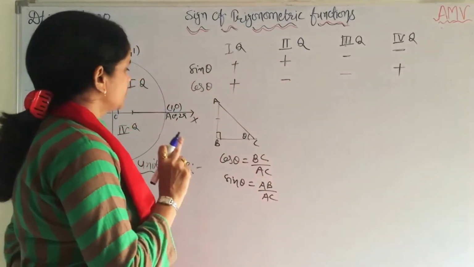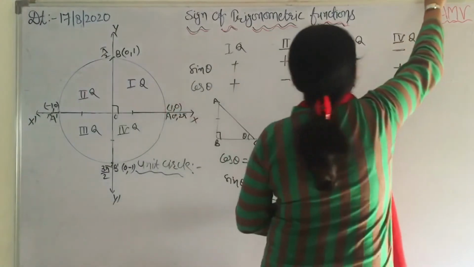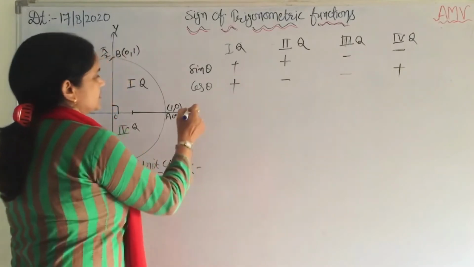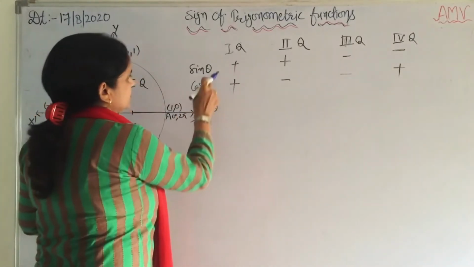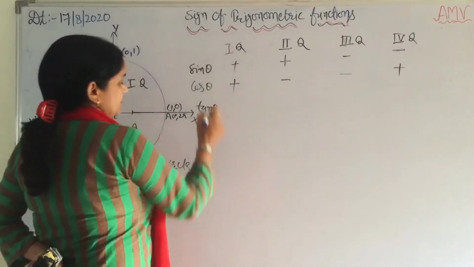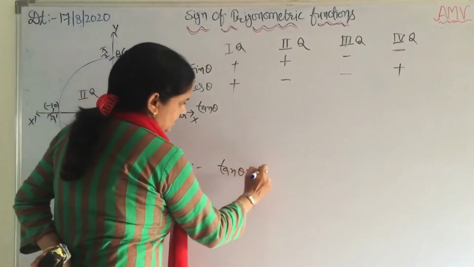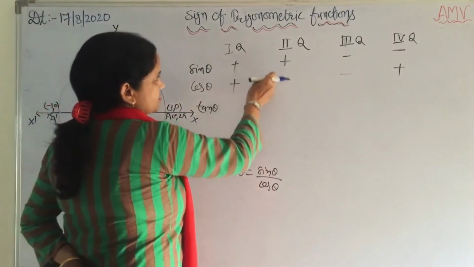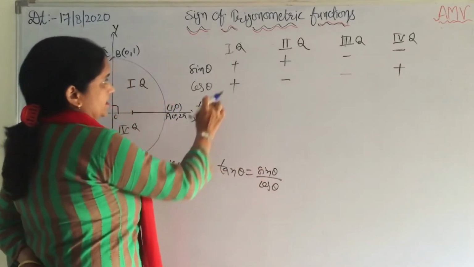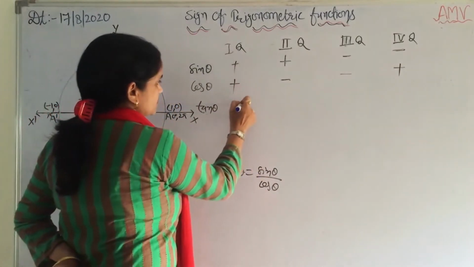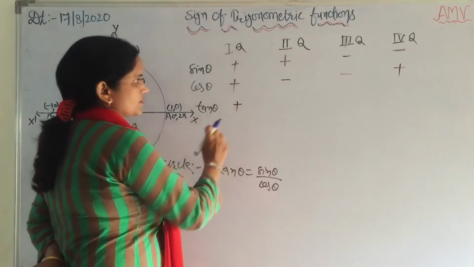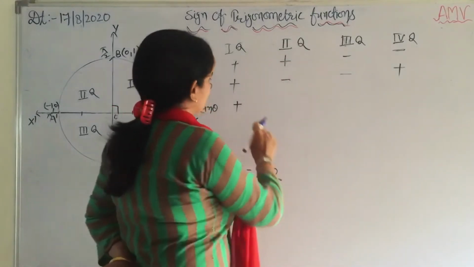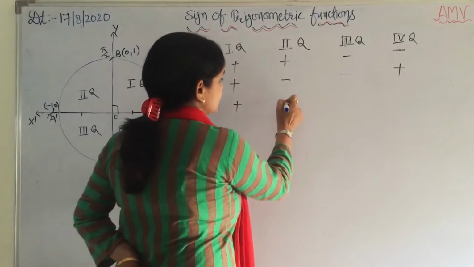Now the next trigonometric function, tan theta. Tan is sin theta by cos theta, so by dividing these two signs we can find the sign of tan. In the first quadrant, sin is positive and cos is positive, so tan is also positive. In the second quadrant, sin is positive and cos is negative, so tan is negative.